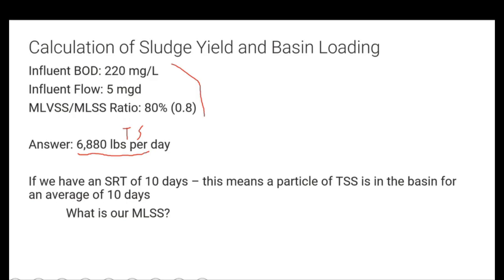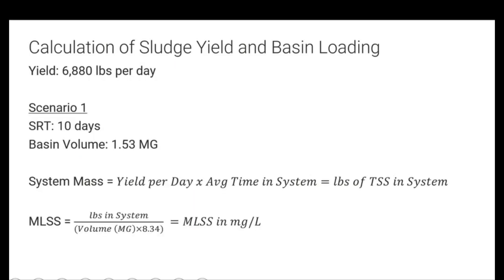So if we have an SRT of 10 days, this means a particle of TSS is in the basin for an average of 10 days. What is our mixed liquor? So if we look at scenario 1, we have our yield, how many pounds of TSS we are producing a day, our SRT of 10 days, and our basin volume of 1.53 million gallons.